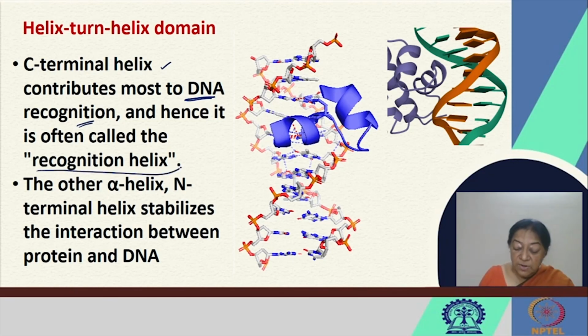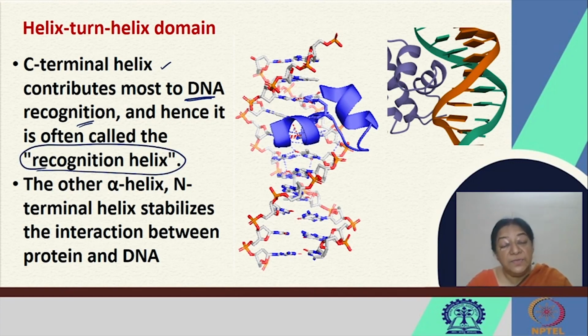So the C terminal helix is the recognition helix. The other helix, that is the N-terminal helix, stabilizes the interaction between the protein and the DNA, and because of the fixed angle is able to position the C-terminal helix in a manner that facilitates the recognition of the protein domain with the DNA.